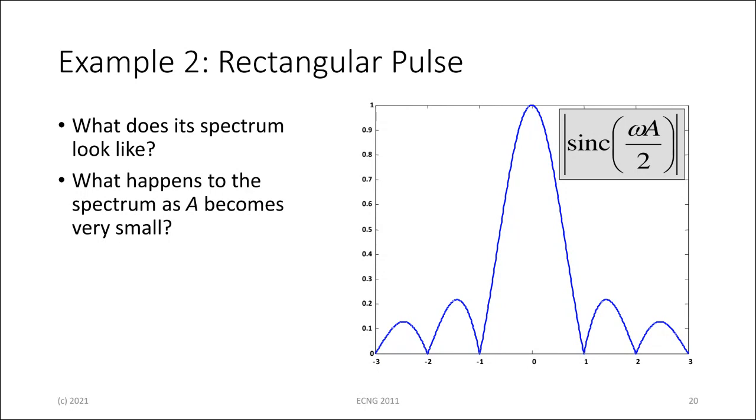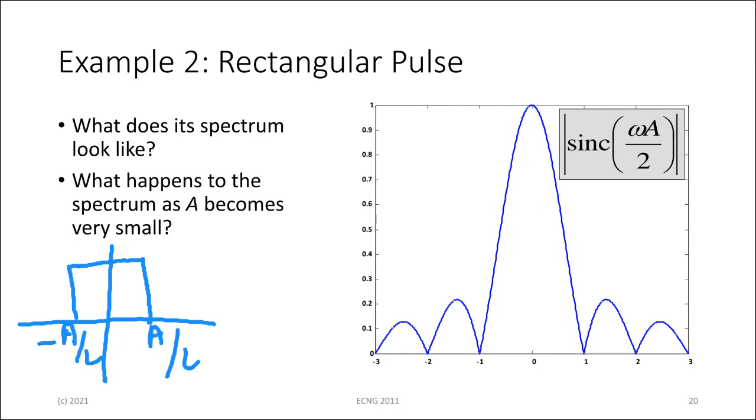You look at this thing, and I started off, remember, this is the Fourier transform of something that looks like this in time, right? Minus a over 2, and the height is 1 over a. So this is a pulse, right?